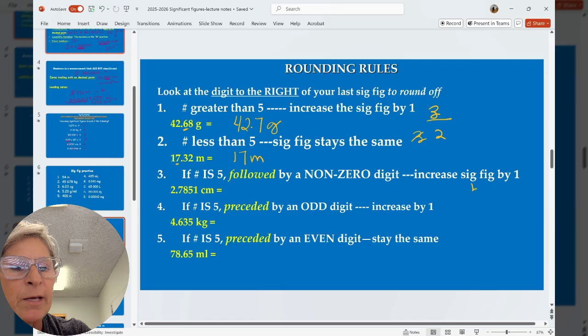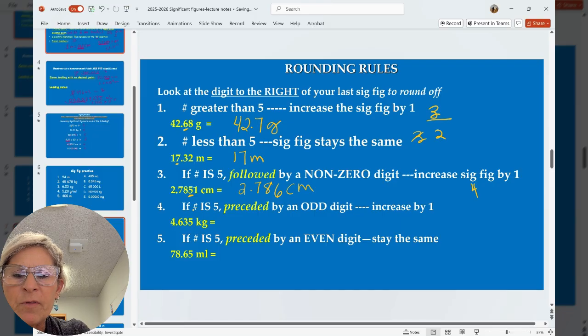I count over 1, 2, 3, 4, and my sig fig is a 5. I look to the right of it, and if I have a non-zero digit, which I do, then that 5 bumps up to 6. So my answer is 2.786 centimeters.